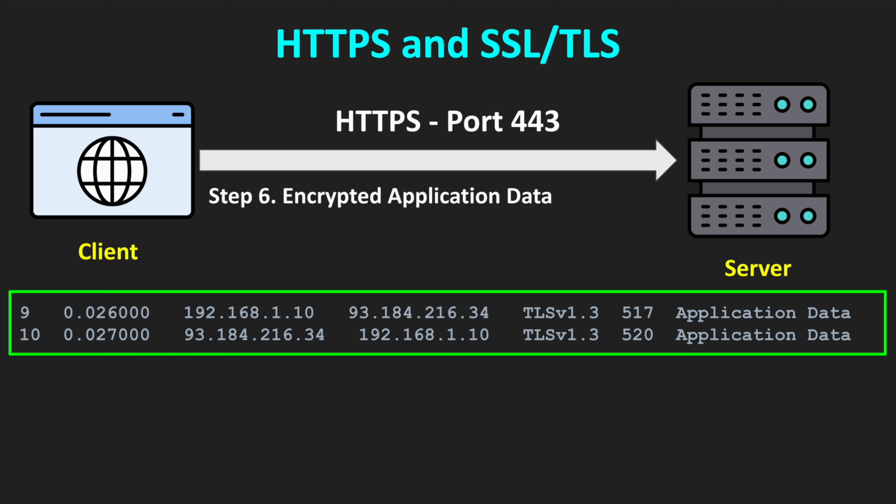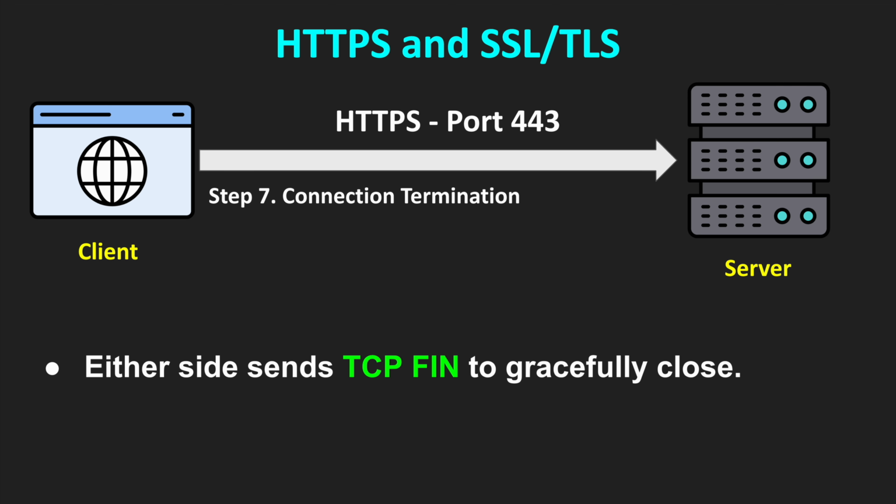So using the session key that we have generated in the previous step, we are sending requests from the client to the server and vice versa. So what happens at the end, right? When our TLS session has expired, we also send the connection termination, which is the last message that we send as a part of the TCP handshake.